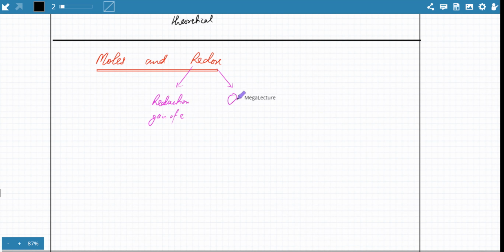Vice versa, you have oxidation, which is a loss of electrons. Now, there are other words to describe this as well. This is the correct definition. When you are asked what is redox, this is exactly what you're going to write. Now, what else was there: when something gains electrons, the oxidation state decreases.